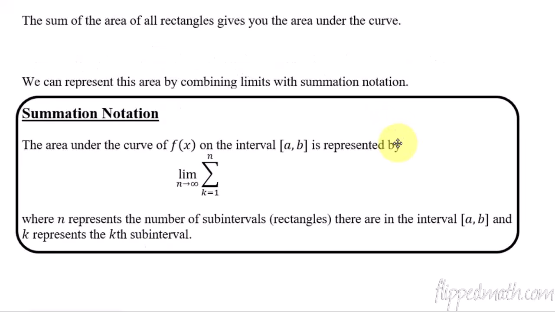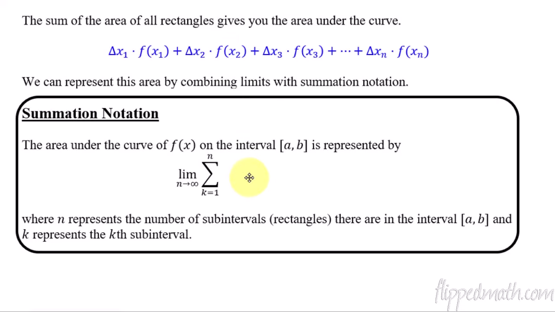All right, so now let's do some summation notation. The sum of all the areas of rectangles is this. Start writing this down, and as you're writing, I'm going to talk about each one of these. This delta x1 times f of x1, this little x1 just means the first subinterval or the first rectangle. So our first rectangle, its width, times the height of the first rectangle.